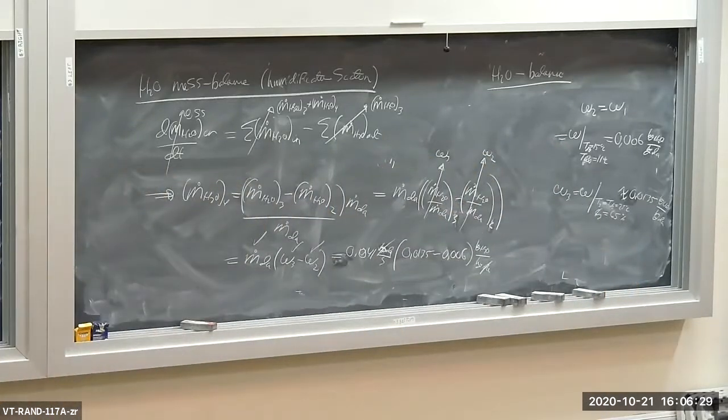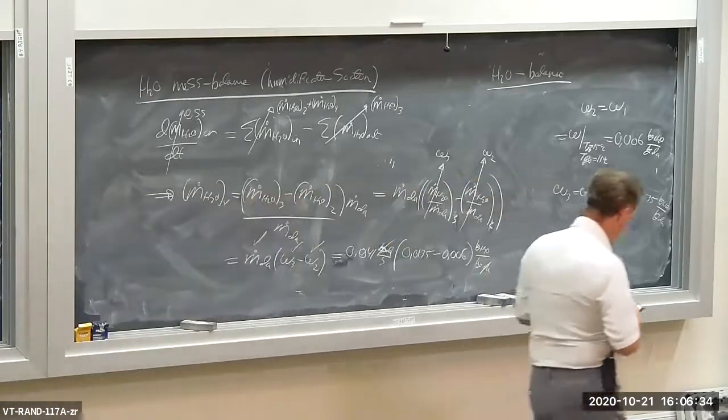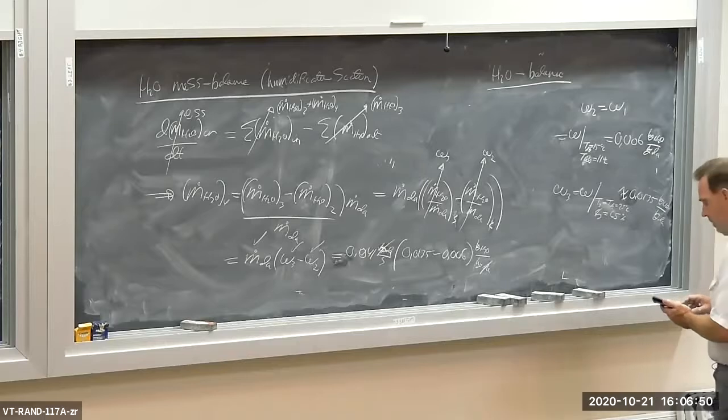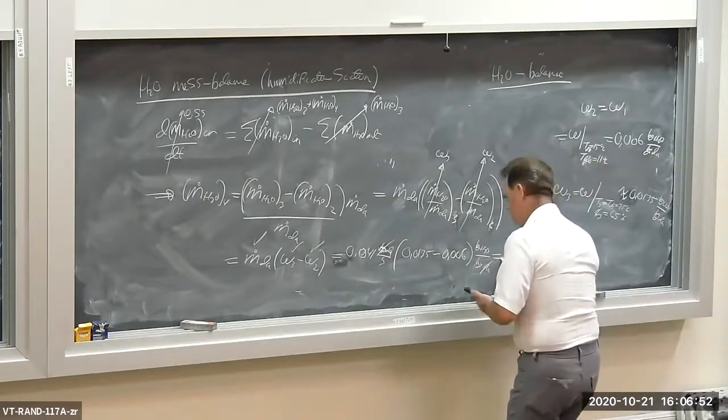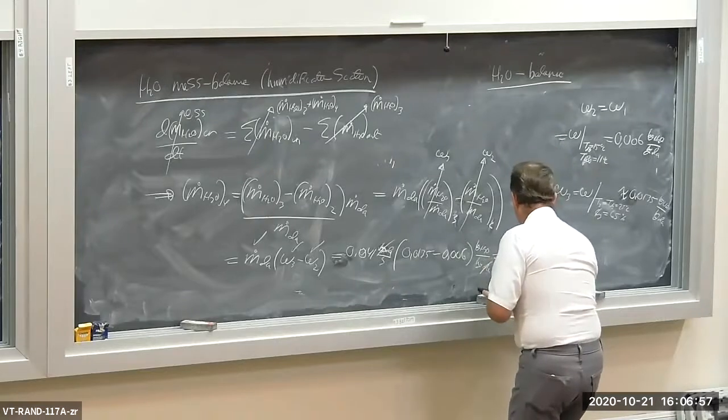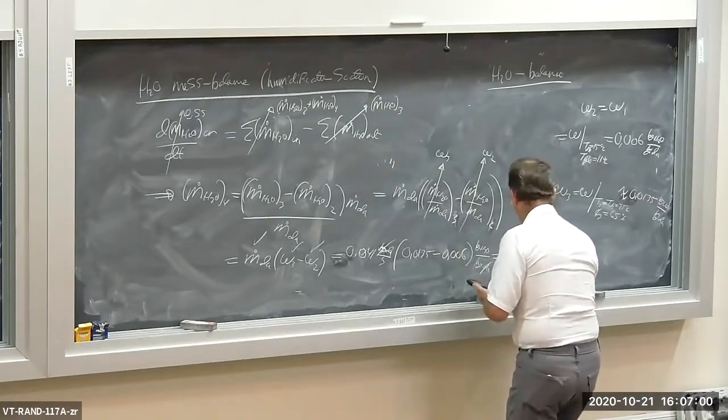Let's crank this out. 0.0135 minus 0.006 times 0.041. It's a pretty small number. So 3 times 10 to the minus 4 kilograms per second of H2O.